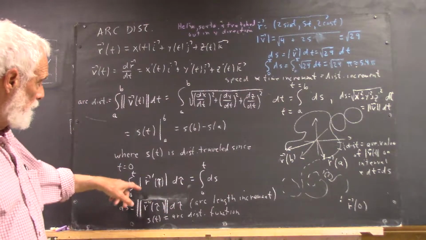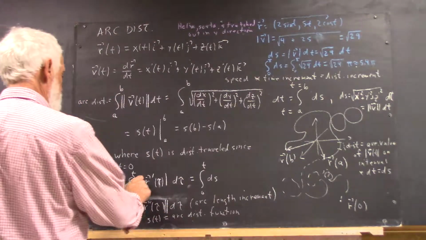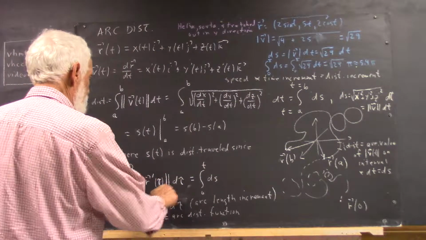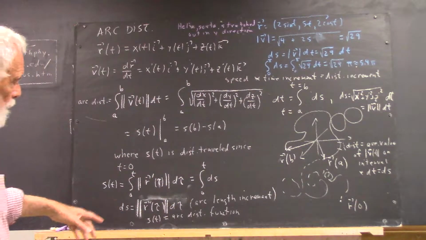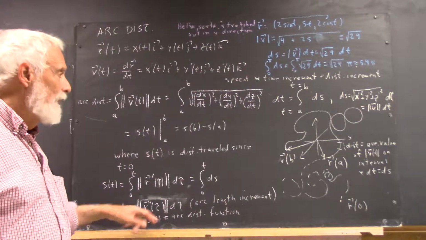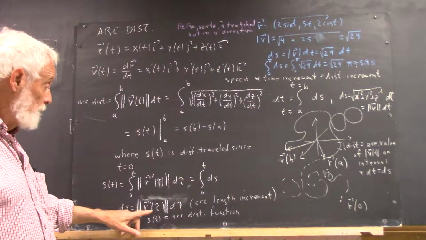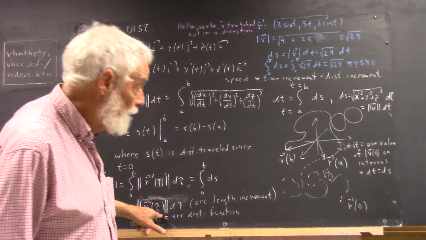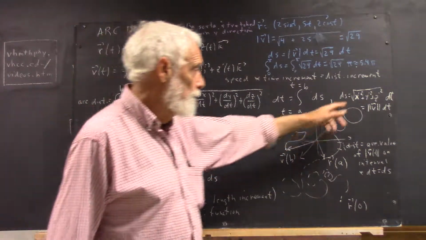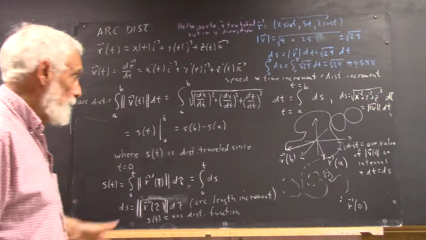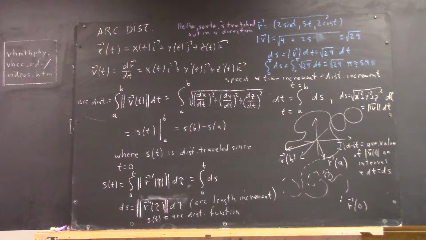Maybe if I'd used the absolute value sign with attitude, I wouldn't have written a square root here. It's a square root, but it's the magnitude of r prime of t. And the magnitude of r prime of tau is the same thing, but with the other variable.